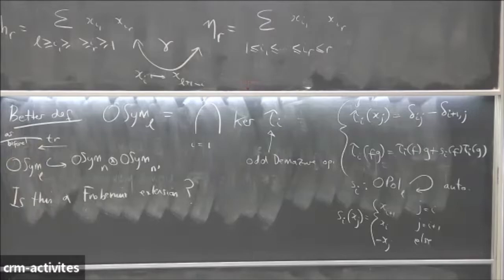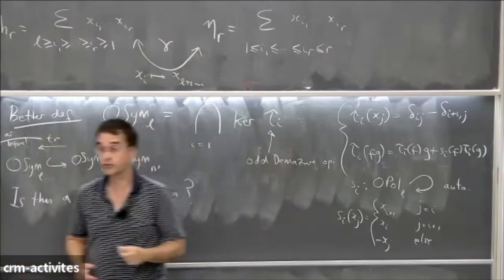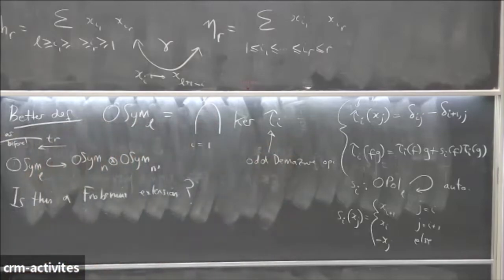Now you've got to be a little bit careful because these odd tau_i's don't commute when i and j are far apart. The ordinary Demazures satisfy the usual braid relations of the symmetric group and they square to 0. These odd Demazure operators square to 0, but they don't satisfy quite the braid relations that you're expecting. They satisfy the braid relations up to a sign.